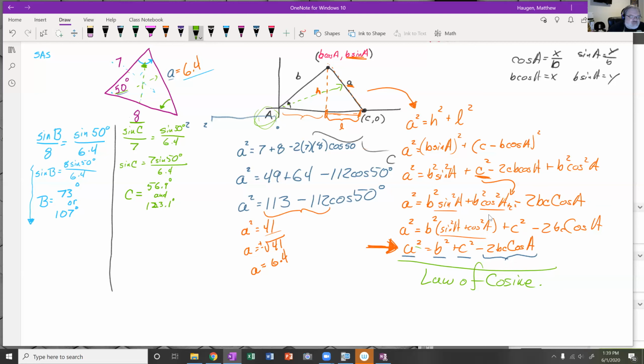It is impossible to have two obtuse angles in a triangle. So the only one that's possible to be obtuse is that blue. So the blue might be obtuse, it might be acute, we don't know. The green has to be acute because it's not the largest angle in the triangle. You can imagine a contradiction. If it was obtuse, it would be 90 degrees plus.